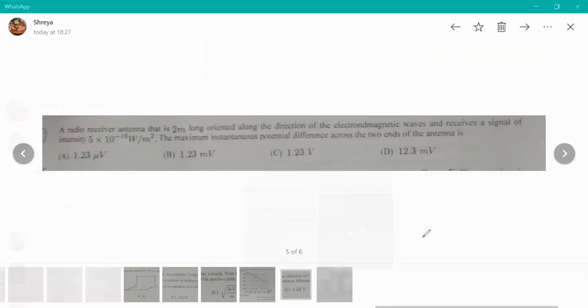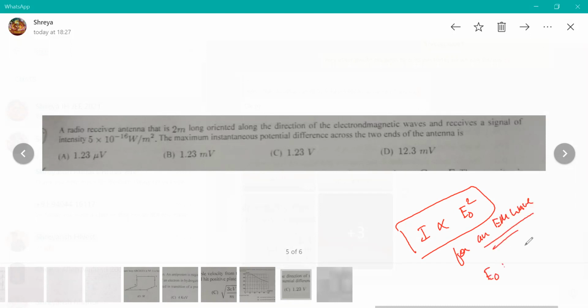understand that there's a relationship between intensity and electric field amplitude for an electromagnetic wave. Okay, so E naught is electric field amplitude. Okay, and once you get that, the maximum potential difference will be equal to this electric field amplitude multiplied by length. Understanding is there? So what is this relationship? Do you know this?